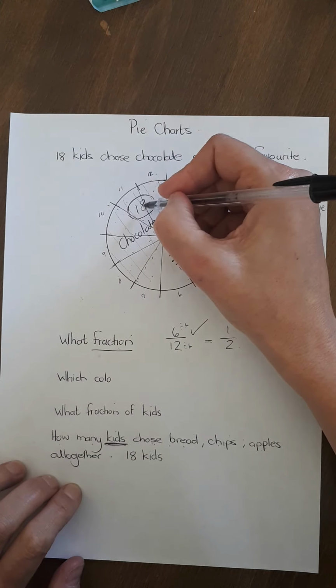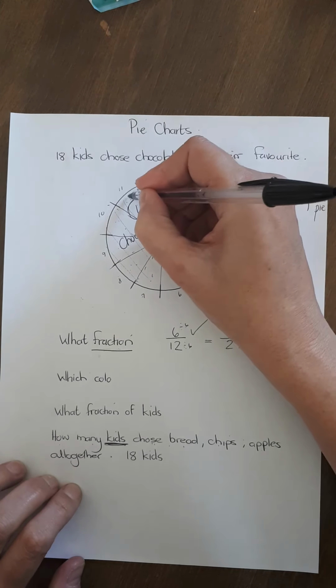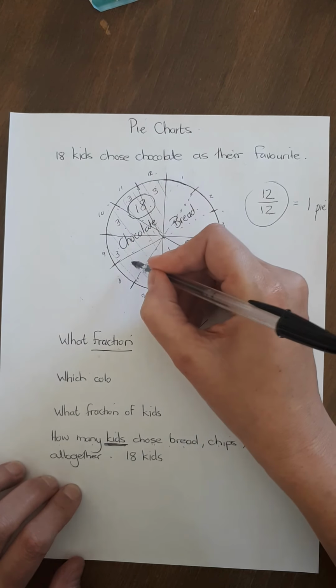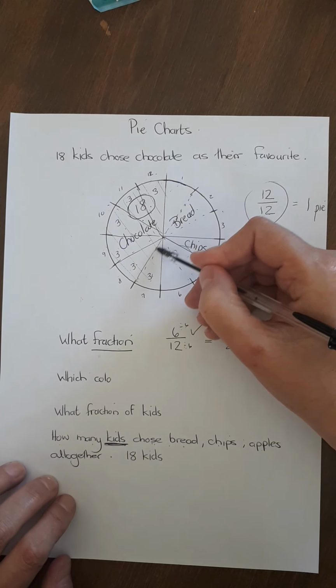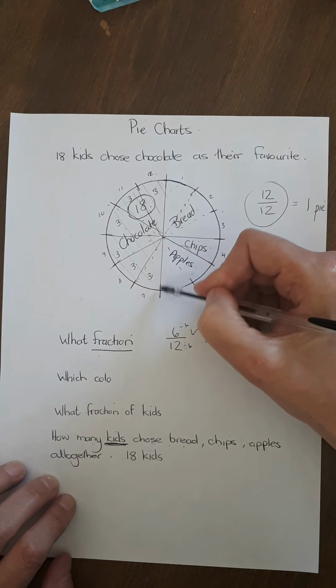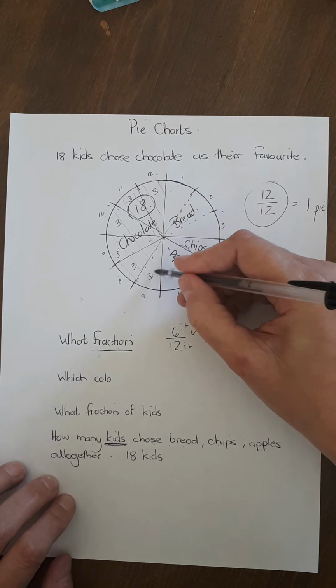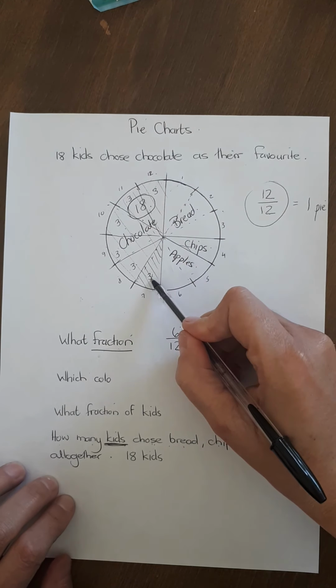It's 18 divided by 6. I would have 3 kids standing there, 3 there, 3 there, 3 there, 3 there, and 3 there. So this part of the chart shows me how many kids are represented by each slice. So one slice, 3 kids.